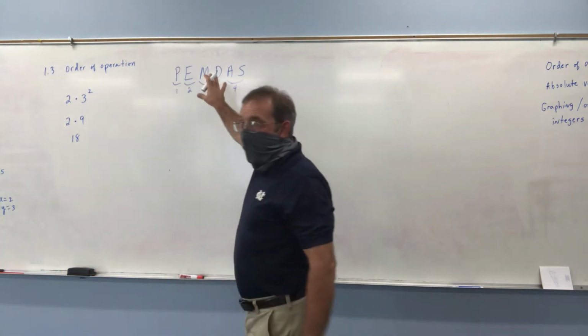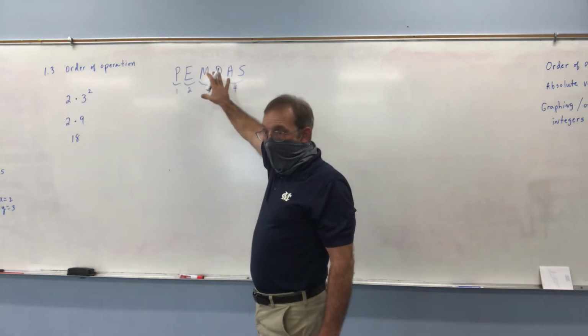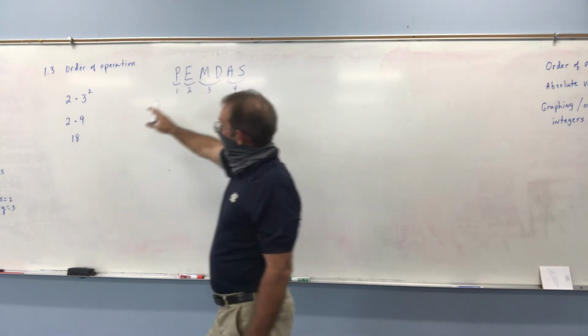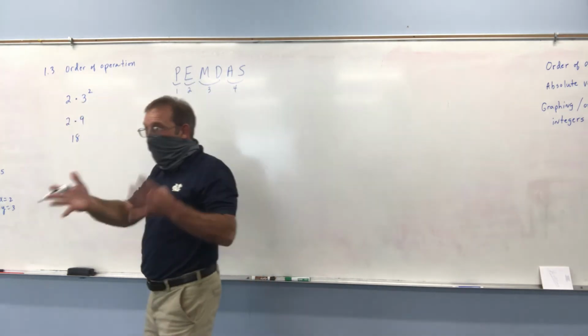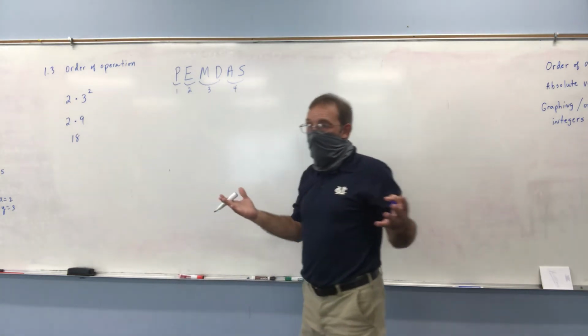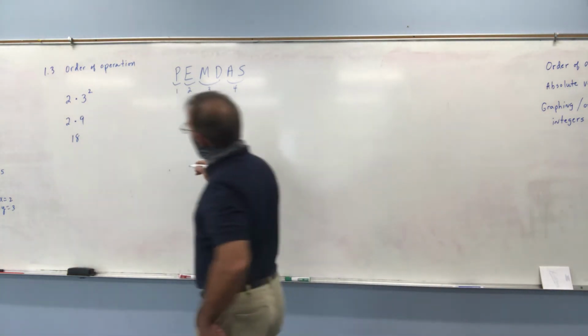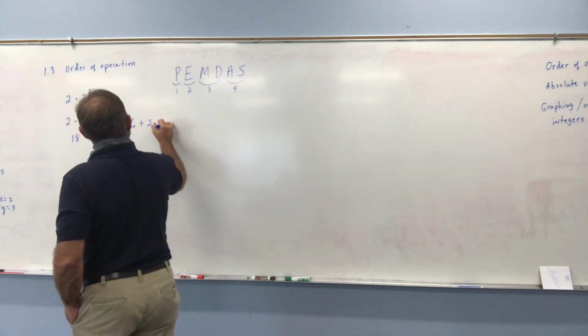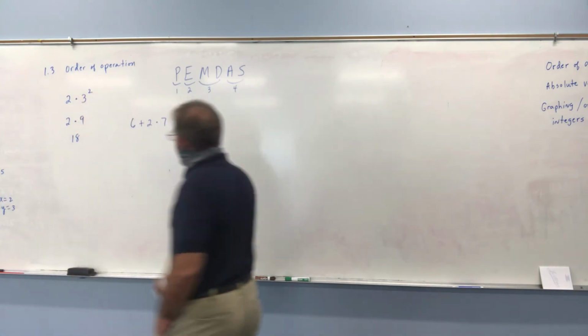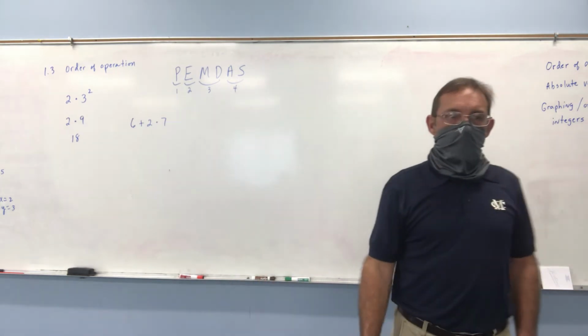Does that make sense how I looked at this as a reminder of what the order is? I looked at the operations we had and then decided what to do first. Does that make sense? All right. So let's try another one. What if we had 6 plus 2 times 7? What has to be done first in this one?